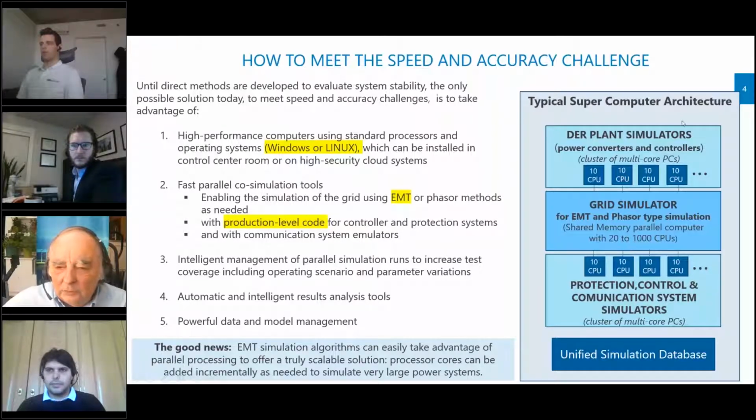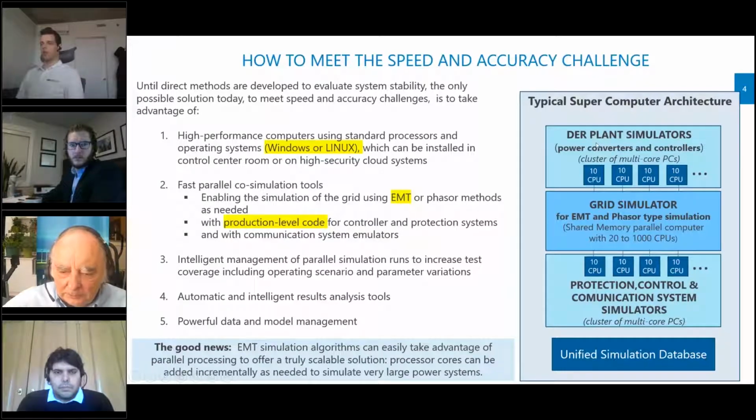The main structure that we are using now is to have a main grid simulator. In this case, we need a lot of very fast processors integrated with shared memory to be quite efficient. Then, like in a real power system, we interface the plant models.